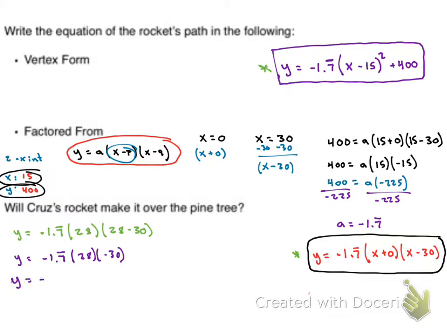So y equals negative 1.7 repeating times negative 840. And now in my calculator, since it's repeating, I'm going to put negative 1 point and then a whole bunch of sevens until my calculator won't let me anymore, times negative 840.